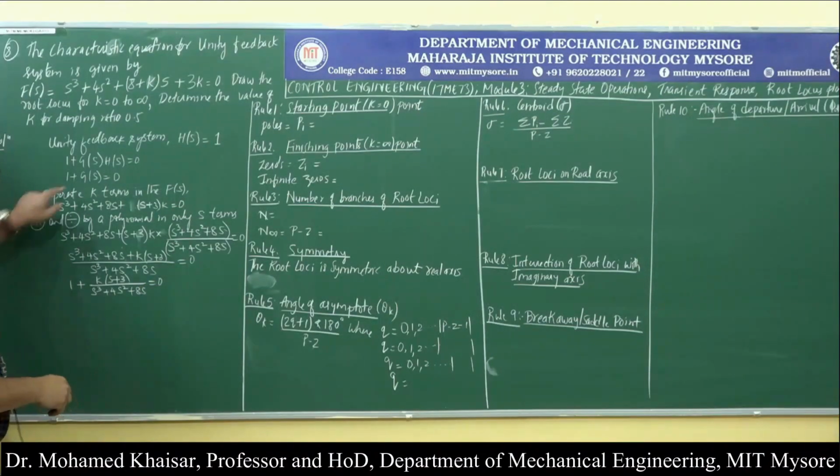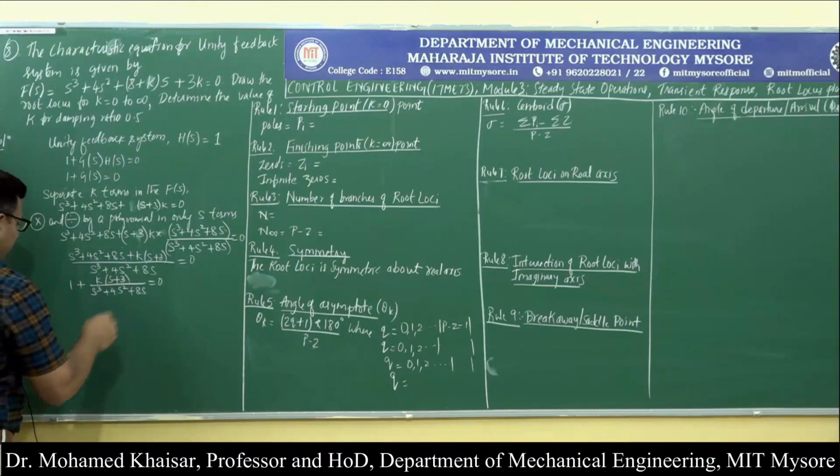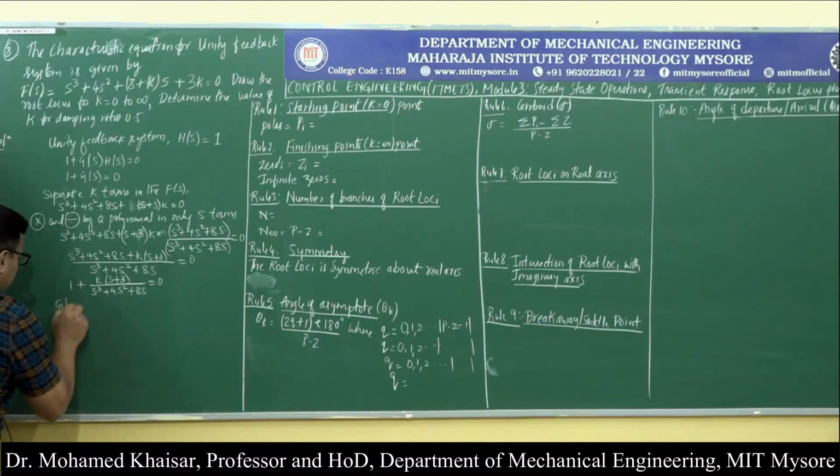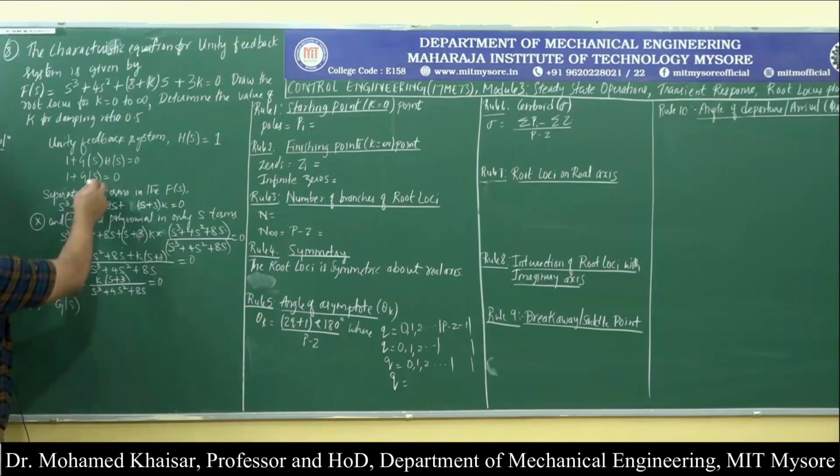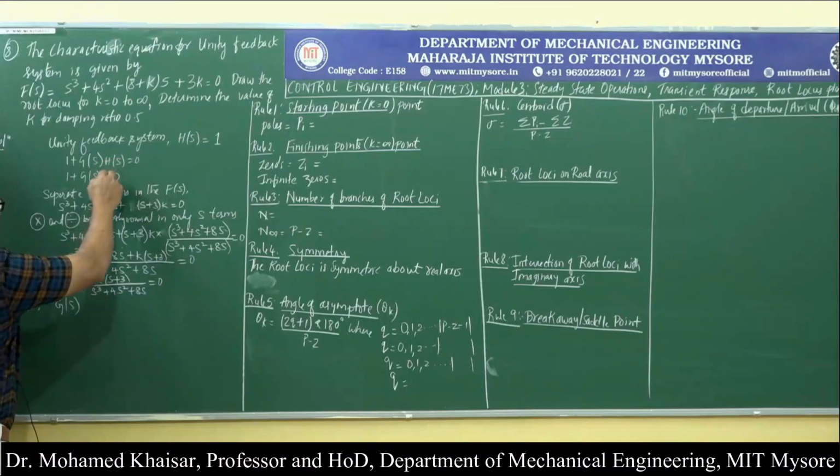If we compare it with the given characteristic equation, we get to know the open loop transfer function. Because this was G(s)H(s), and since it is a unity feedback, we are restricted to only G(s).